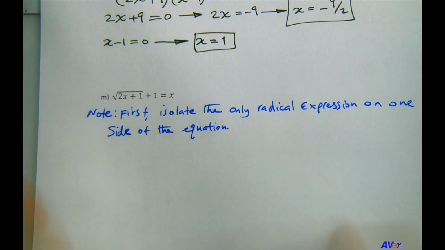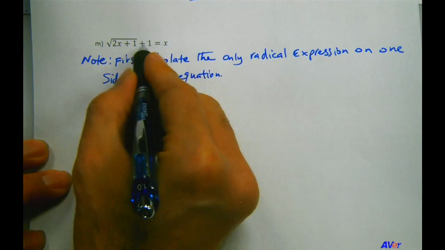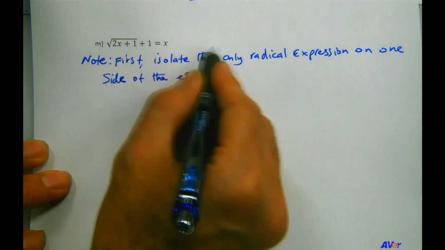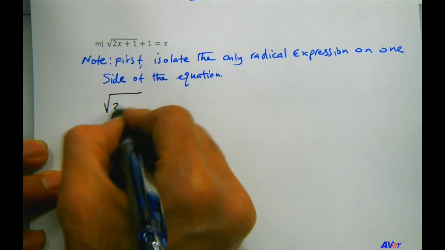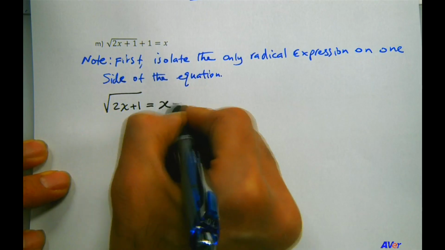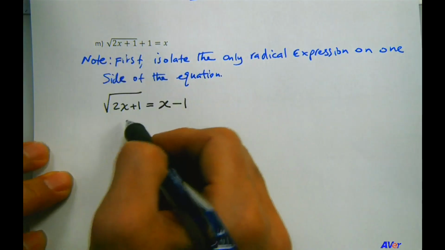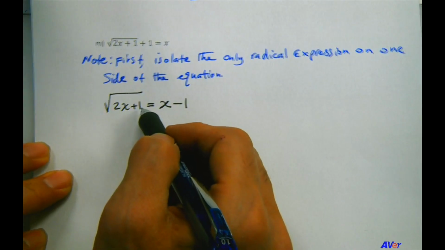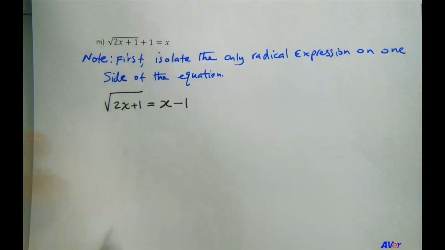That means I need to move the plus 1 to the other side and make it negative 1. So square root of 2x plus 1 equals x minus 1. So we isolated the radical expression on one side by itself. Okay? So now square both sides.